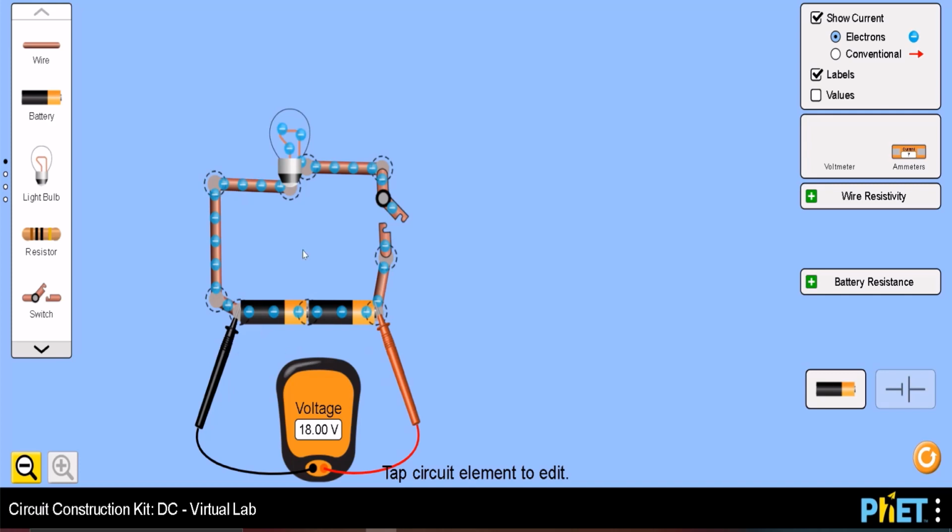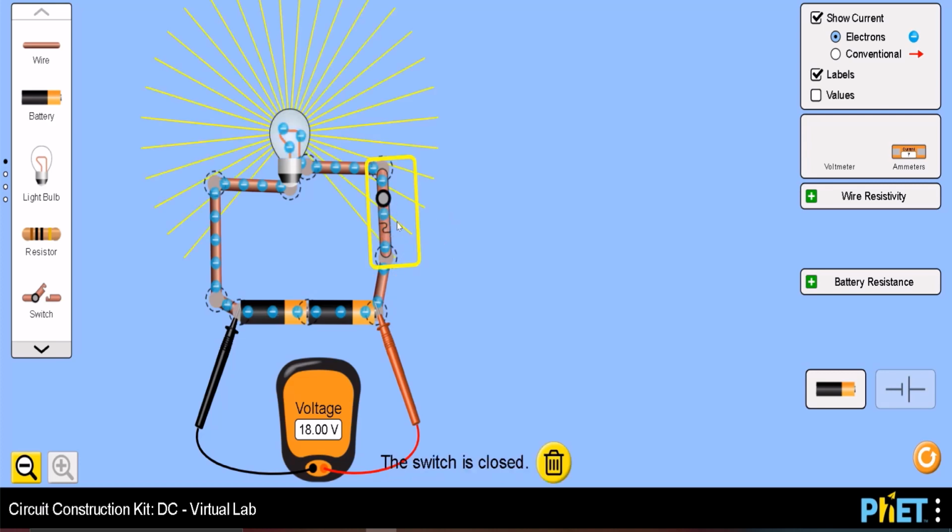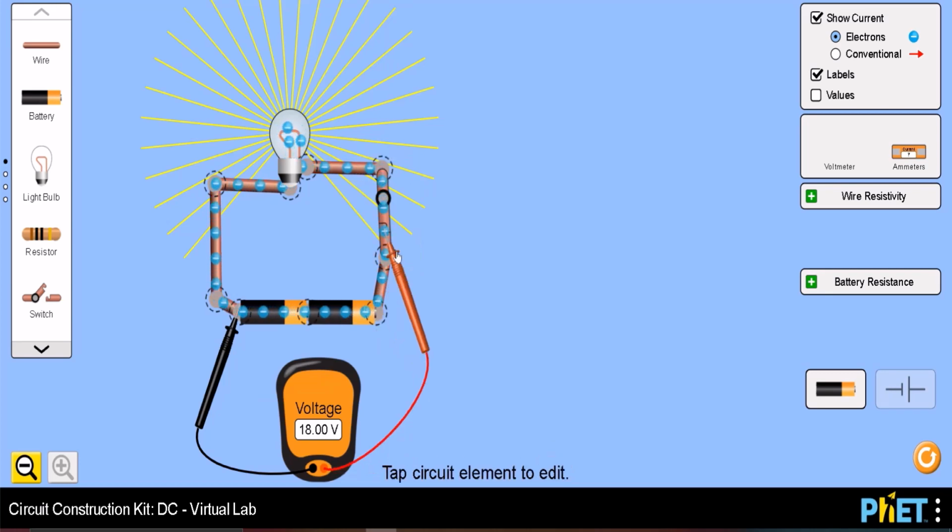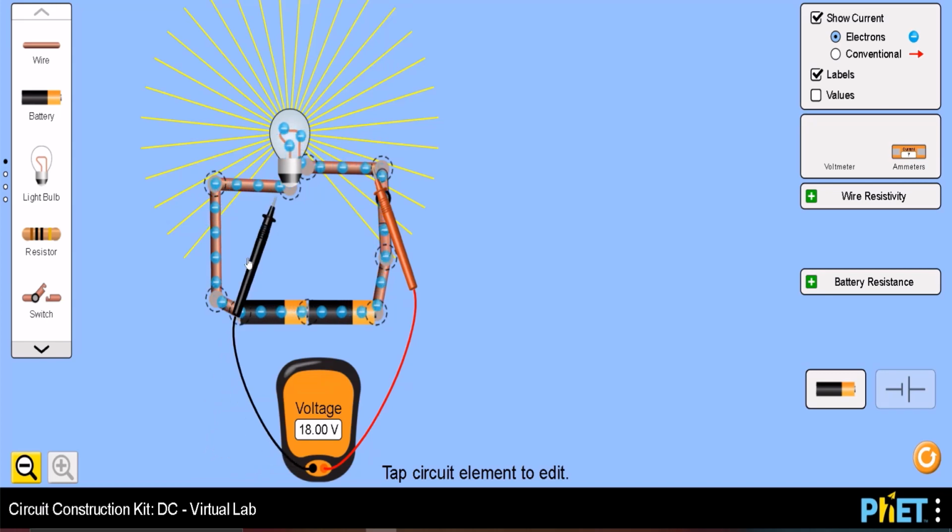So let me now close the circuit and see the brightness. Is there any change in the brightness of the bulb or not? And see, it is glowing with double the brightness. And we can confirm with a voltmeter, by connecting it across the two terminals, that the voltage across this bulb is also now 18 volts.